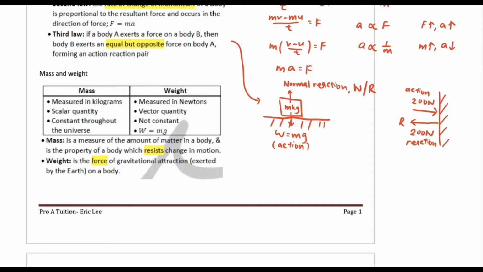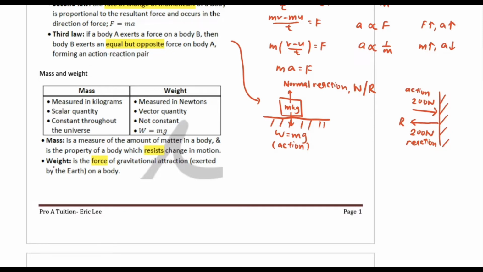Now we look at mass again. Mass is a measure of the amount of matter in the body and is the property of a body which resists change in motion. This is inertia. Resistance to change in motion is inertia, so mass is a factor that affects inertia.